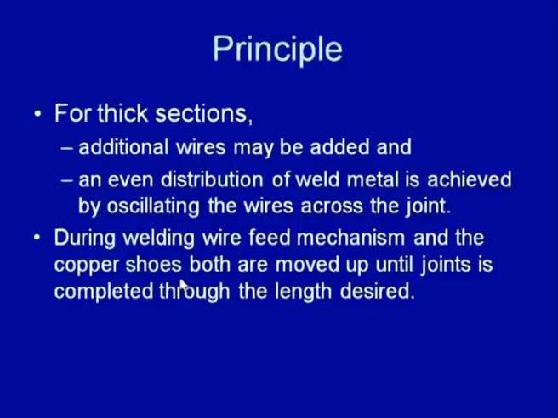And these copper shoes play an important role in the sense that when the molten weld pool is formed of the flux and of the weld metal, these copper shoes prevent the flowing out of the molten flux and the molten weld metal away from the weld area.